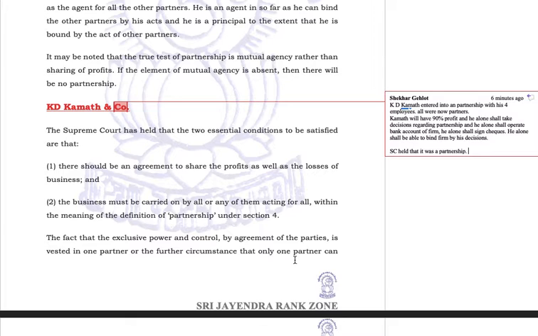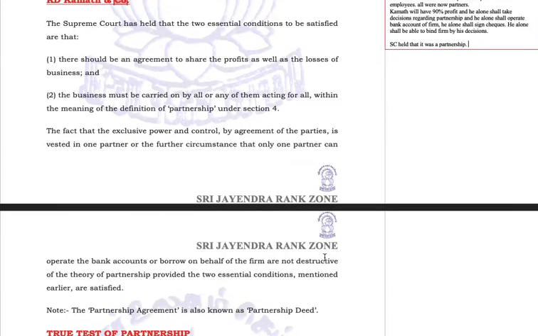Or the further circumstance that only one partner can operate the bank accounts. Only one partner, that is K.D. Kamath, can operate the bank accounts or borrow on behalf of the firm. Only he alone can take loans for the firm.